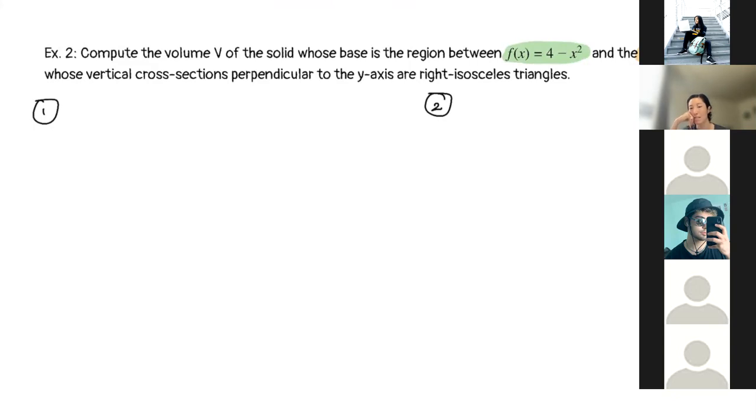Okay, so we're going to start by drawing some pictures. We're going to think about intersection points as we need them, and then we will think about the rest of our decision making. So let's get started with the picture. Tell me what we know about f of x.